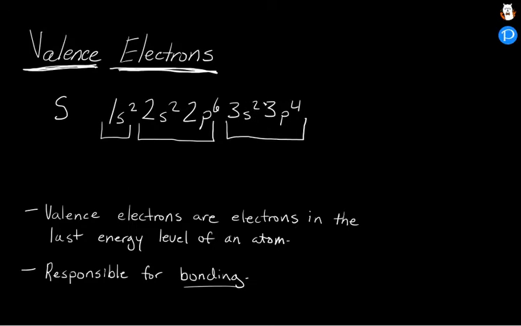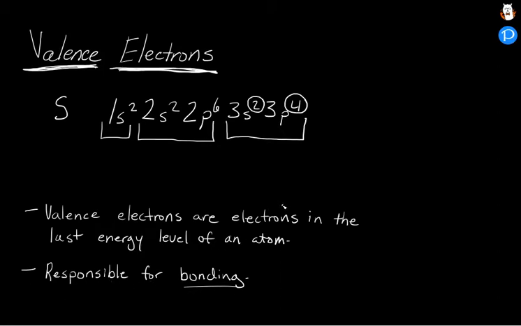And those electrons that are in the very last energy level, or the highest energy level, are called the valence electrons. The valence electrons are important in chemistry because they are what are responsible for bonding.